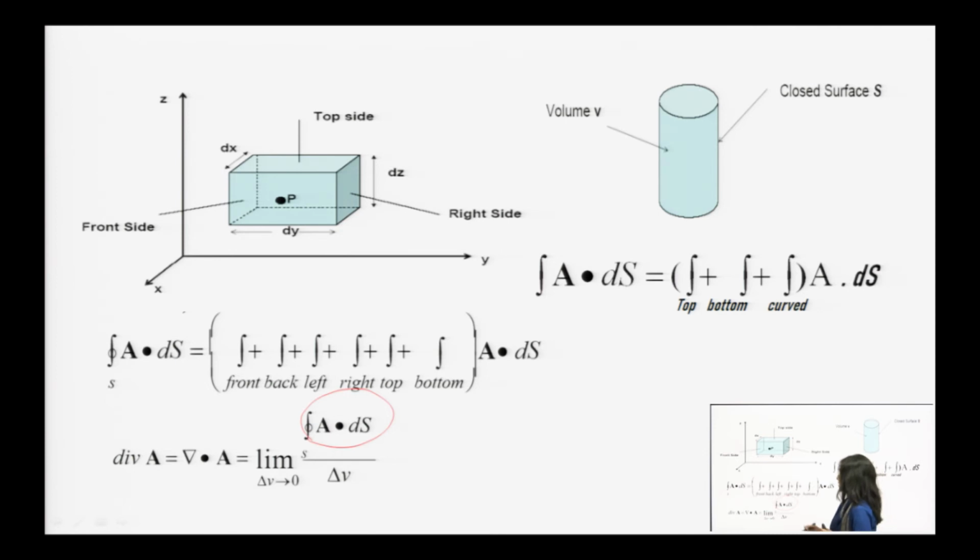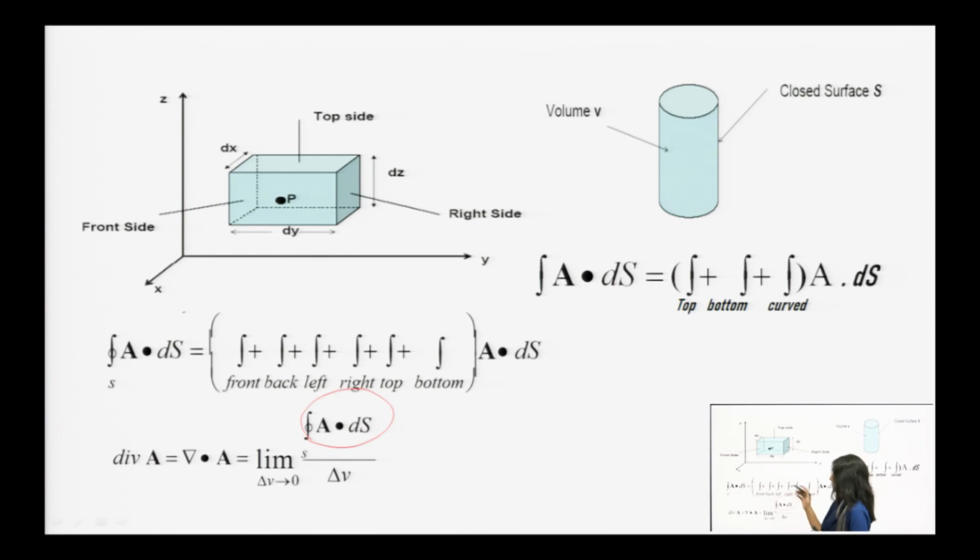As we know that in this kind of configuration there are 6 surfaces, so we need to find the value of outward flux for each and every surface individually. Then further we can sum all those fluxes to find the total flux of vector A on this surface.